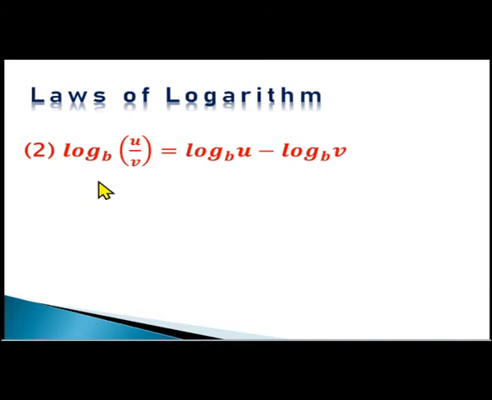The second law states that the logarithm of u divided by v with base b is equal to the logarithm of u with base b minus the logarithm of v with base b. Now this time we are using the division operation, and expanding, our division becomes subtraction.